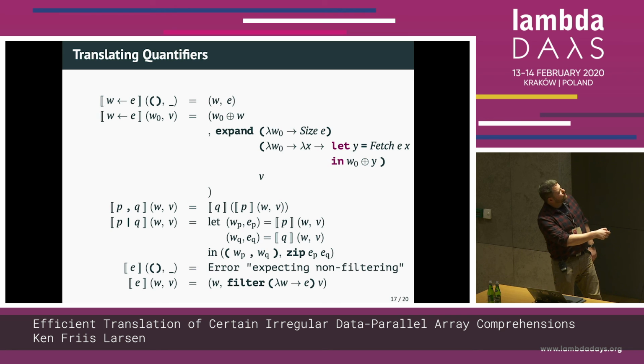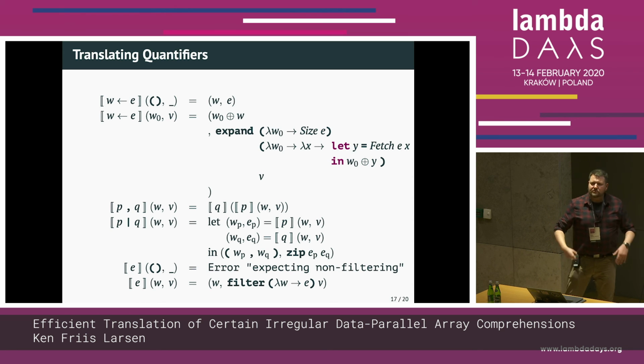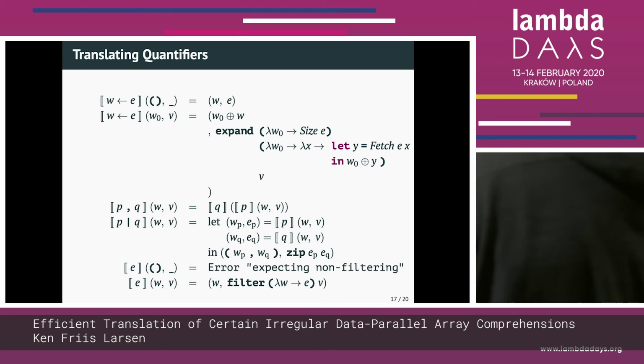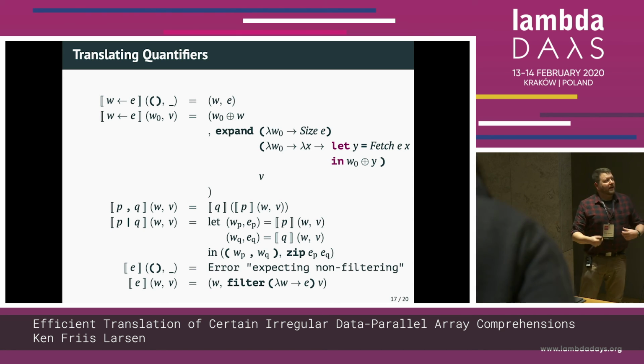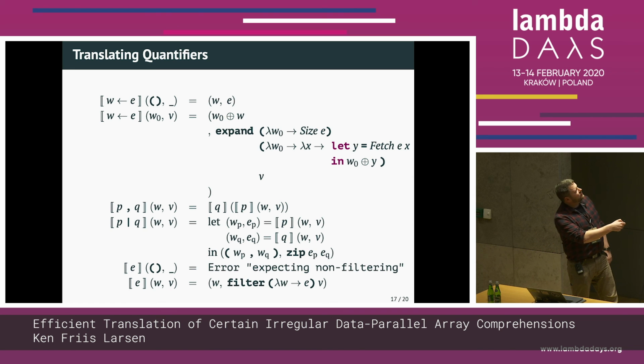And the Cartesian product is also not the interesting case. In fact, the interesting one is when you have this inner bind, where you translate something into an expand.